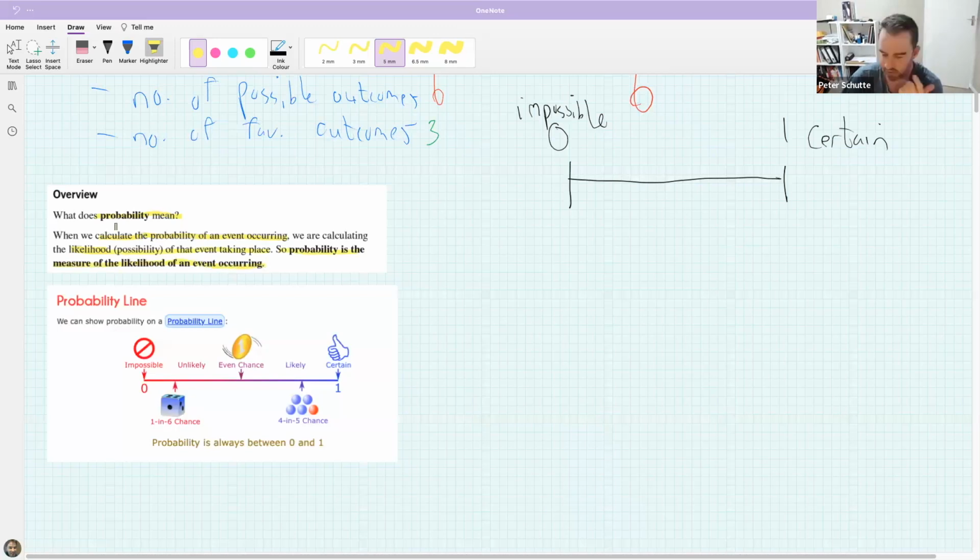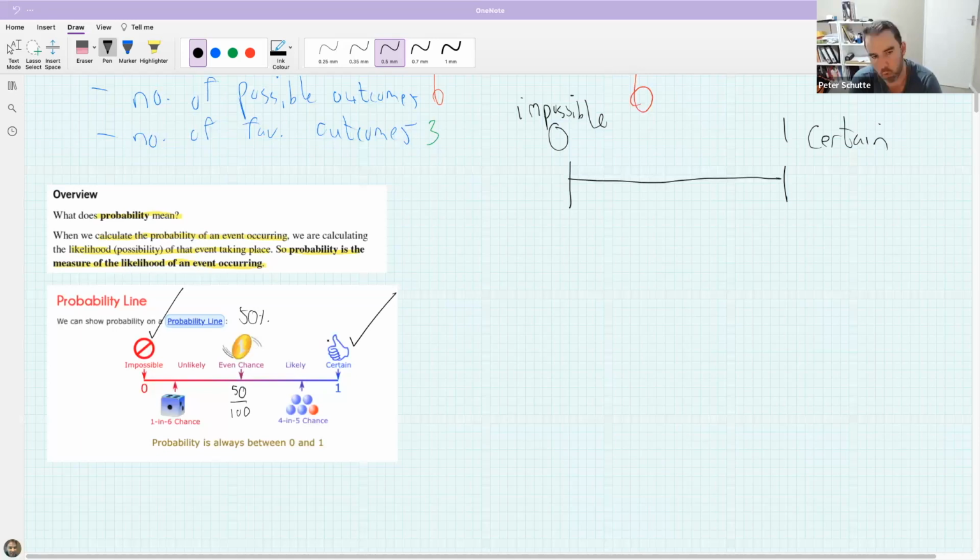Now, it still sounds very wordy, but if we look at the scale below, impossible is 0, certain is 1. If we are halfway on the probability scale, we say it's 50-50 or an even chance. The way we could represent that would be 50 out of 100, or you could say 50%.